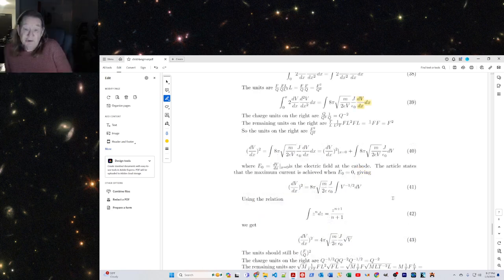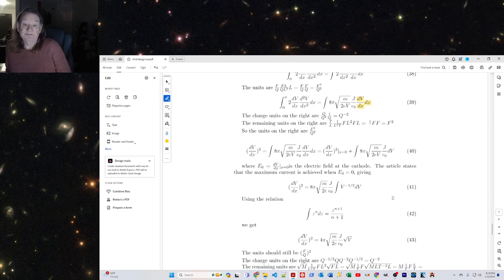Now, the discussions I read point out that you get the best performance when the electric field is 0 at the cathode. I don't really know why that is, but I'm taking it as a fact.